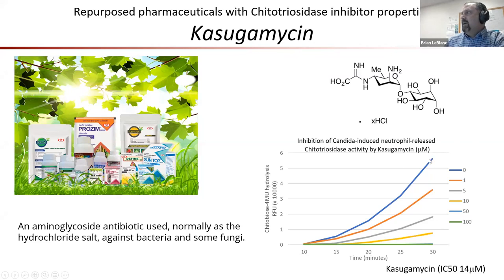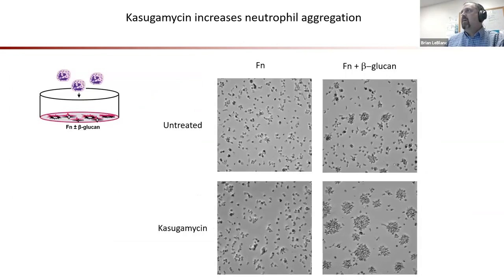And when we added kasugamycin to our fluorescent assay, it significantly decreased the activity of chitotriosidase, actually an order of magnitude more than our bisdionin C. So we're really excited to be able to use this in vivo. It's soluble in saline, and it was a very nice addition to our lab.